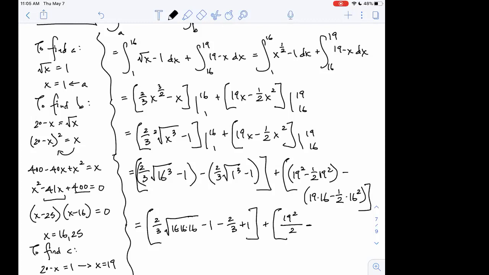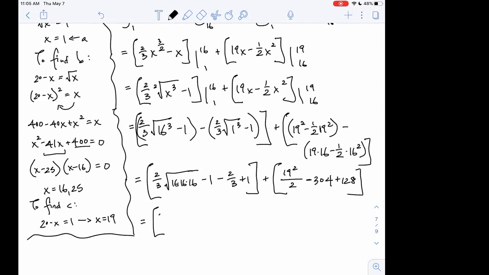Minus 19 times 16 is going to give us 304, plus half of 16 squared is going to give us plus 128.